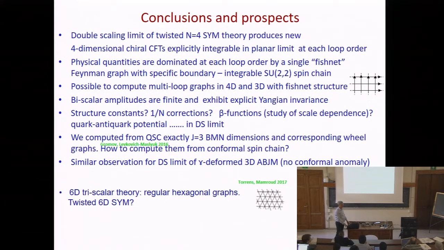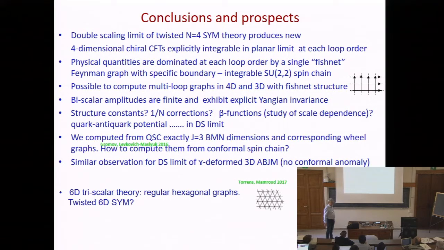But there is no underlying super Yang-Mills theory that would be integrable. The gauge field disappears from these theories, so maybe one can try to restore them by twisting the conformal part, the Lorentz group, the conformal group, but here there is no gauge field, so you can have fermions and scalars.